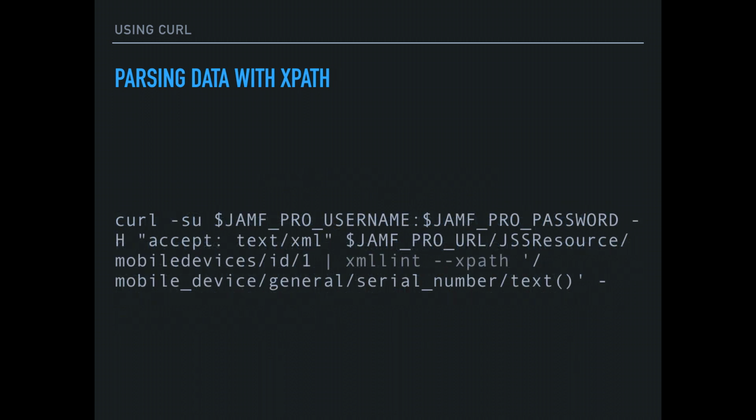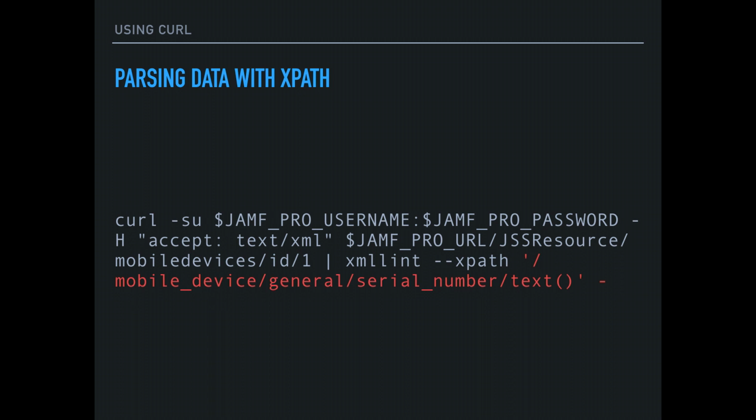So this is what a command looks like using XPath with XML Lint. Really the first half of the command before the pipe is exactly the same as we've been using so far, but this time with XML Lint we're passing a --XPath. And then here's where we tell it what to look for.